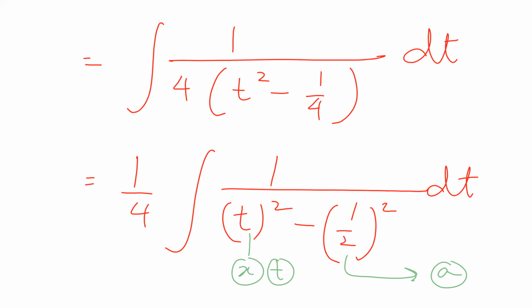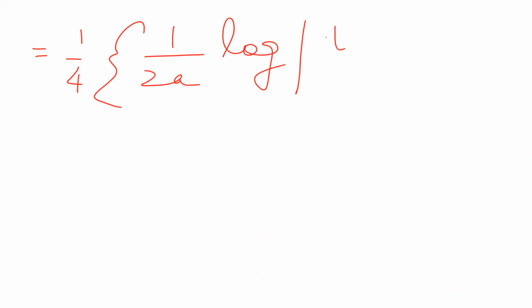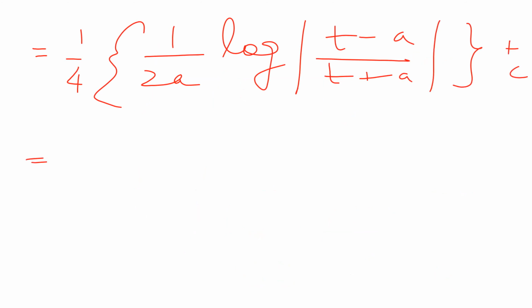X and t are one and the same almost. So 1 upon 4, 1 upon 2a log mod t minus a upon t plus a plus c.